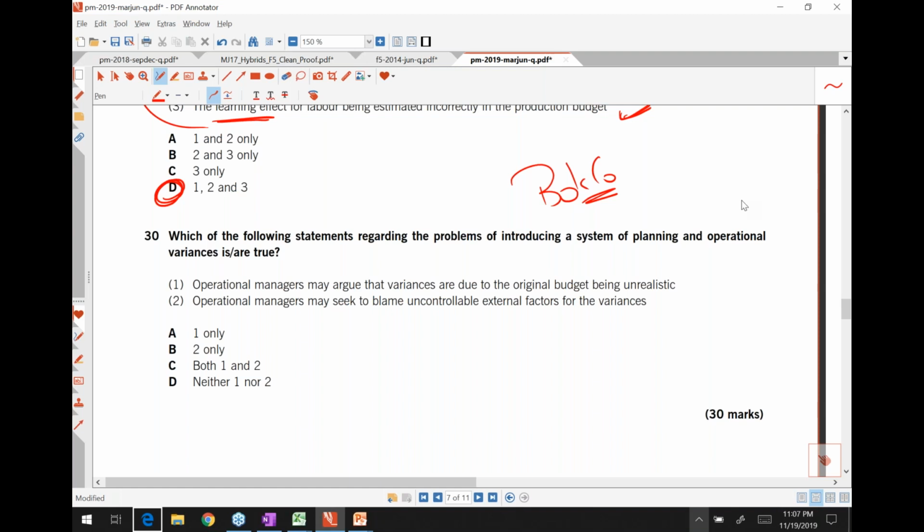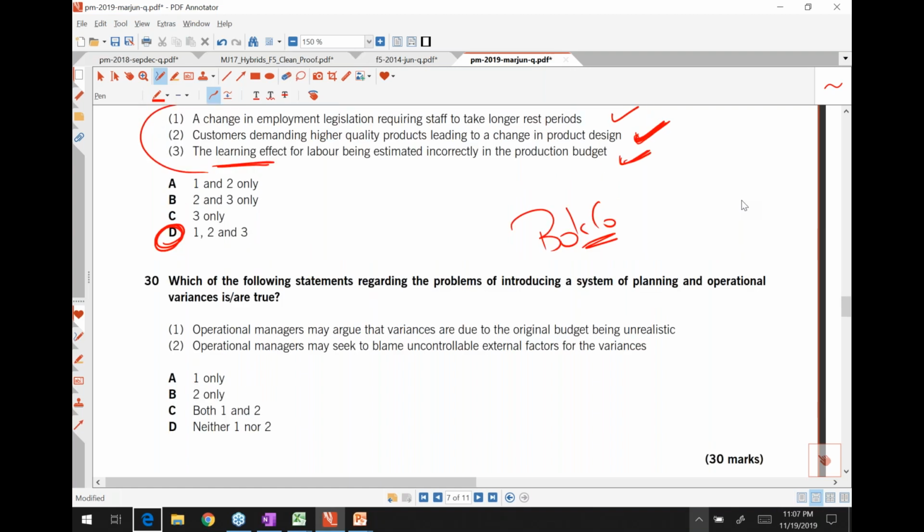So do solve this one. A change in employment legislation requiring staff to take longer rest. The longer rest they take means the standard should be revised. So if the standard is revised, planning variance will arise.